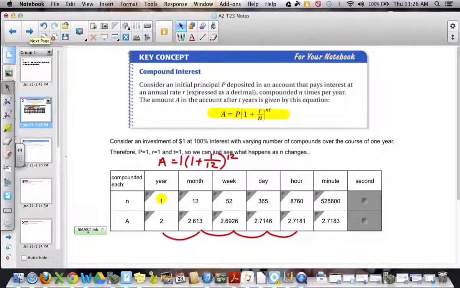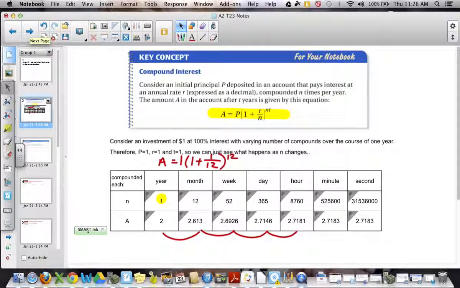From going out by the hour to by the minute, and if we increase again to the second, which is 31,536,000 seconds in a year, if we compound every second, we still end up with $2.72 at the end of that year.